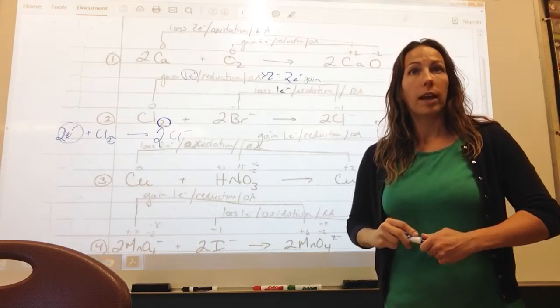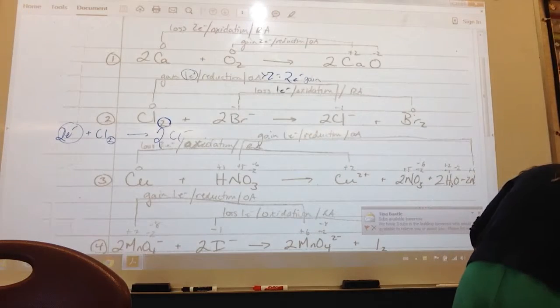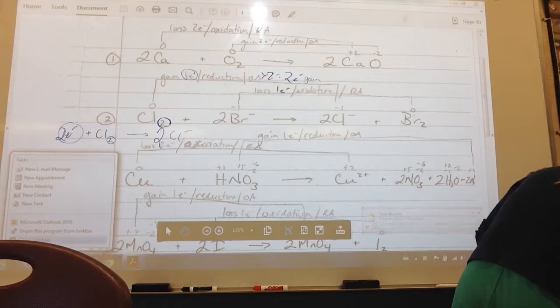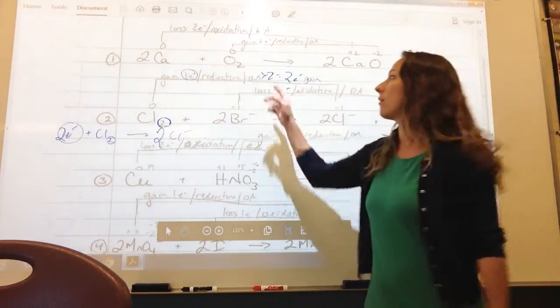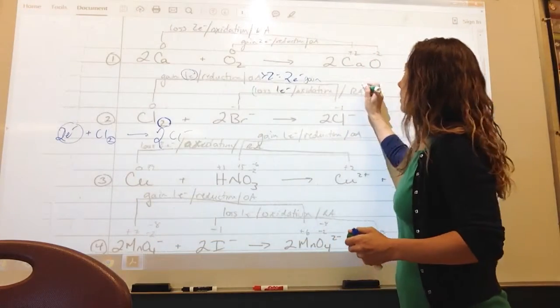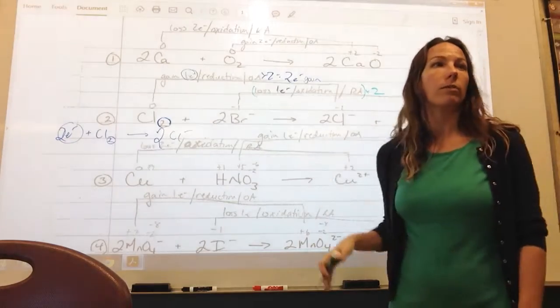See that? And back to our cafeteria, if one thing's being gained and the other thing's being lost and they don't balance, it doesn't make sense. So I have to multiply this by 2, just like I would have down there.